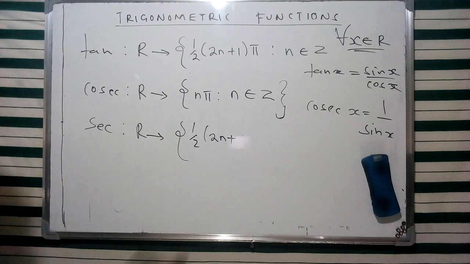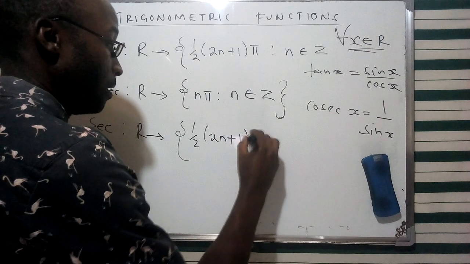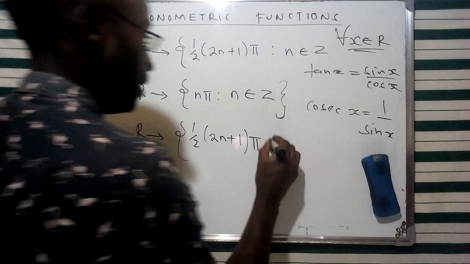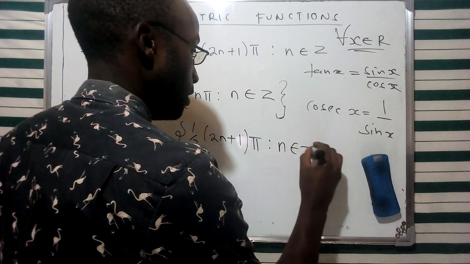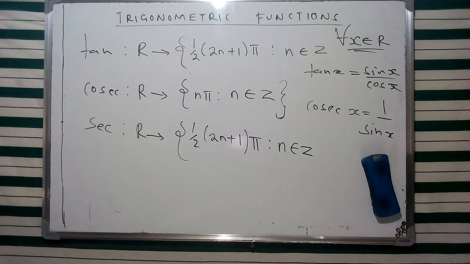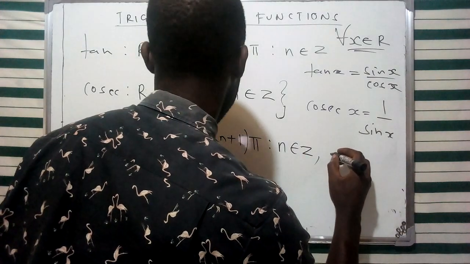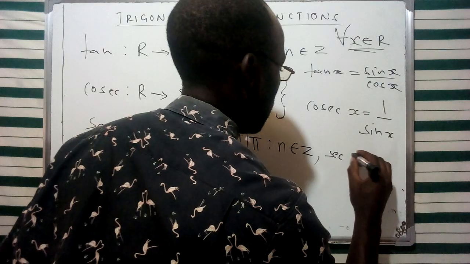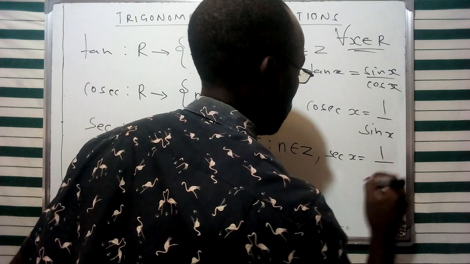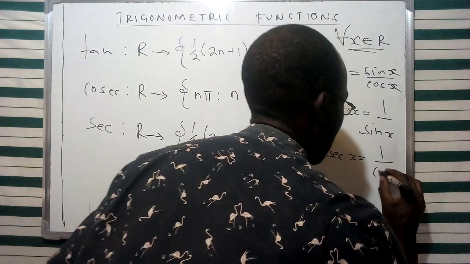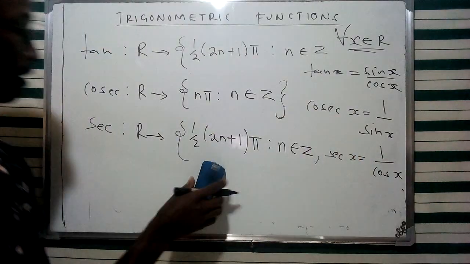For the sec, it is going to have this specific representation, whereby n represents a set of integers given as z. And the sec can be defined in terms of the inverse of a cos. So sec x is equivalent to 1 over the cosine of that specific function, which is x, given as such.